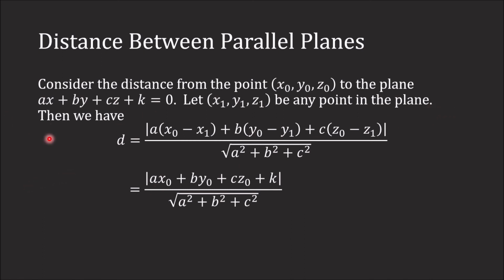Then d is the absolute value of a times (x naught minus x1) plus b times (y naught minus y1) plus c times (z naught minus z1), all over the square root of a squared plus b squared plus c squared.